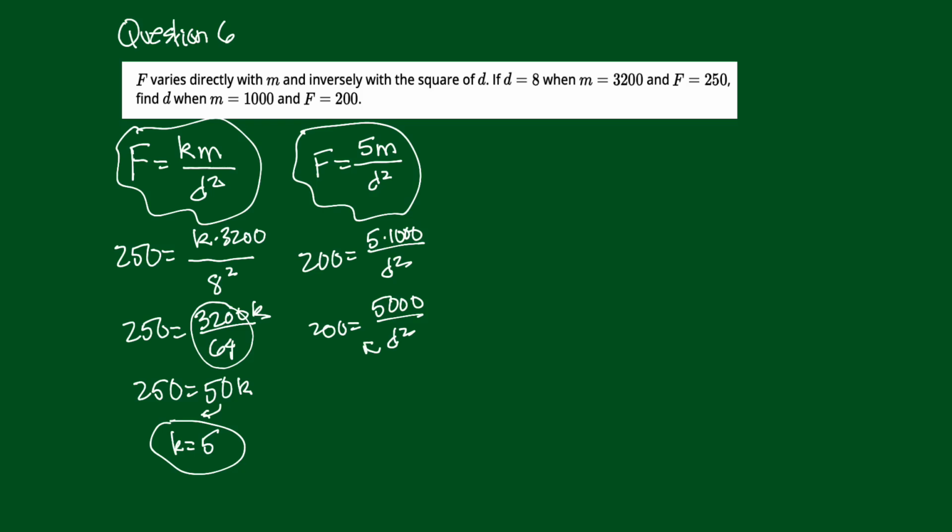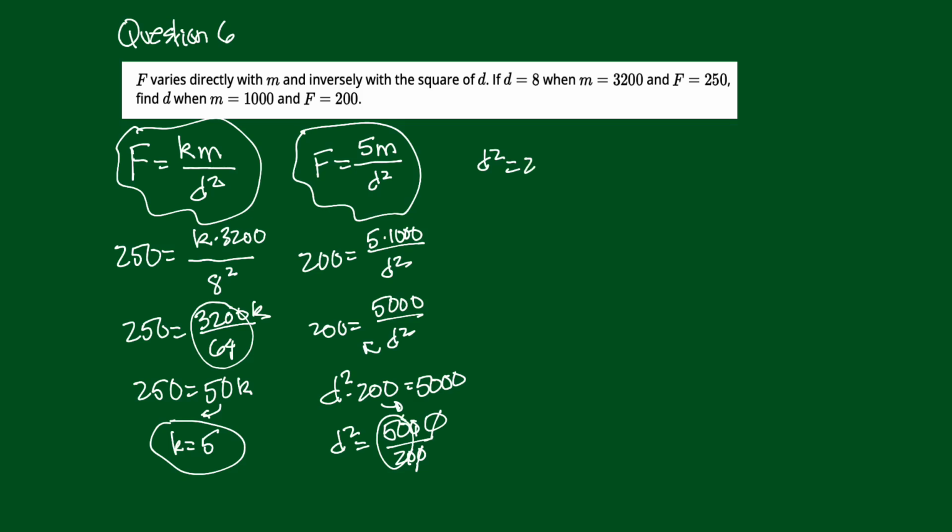Now, I'm going to multiply by d squared, so I'll get d squared times 200 is equal to 5,000. Let's divide by the 200. So d squared is equal to that 5,000 divided by 200. That'll go. So I'll get d squared is equal to, now, 2 into 50.